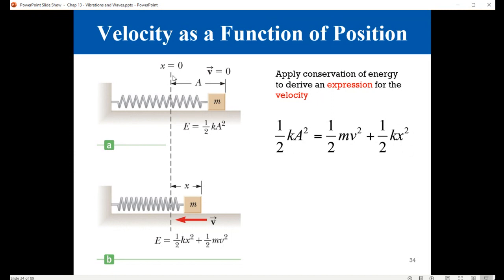So the velocity changes from minimum value 0 to a maximum value, and the maximum value occurs when x equals 0. Then the mass will continue, the momentum will continue pushing on the spring, and it will start compressing the spring all the way until the spring is totally compressed. The displacement now is A. The energy now will all be potential because the mass will stop.